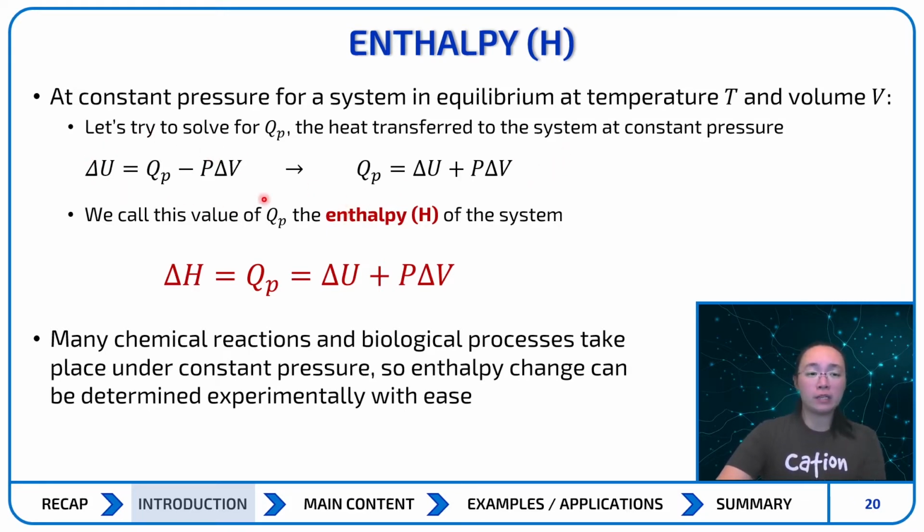We're taking the equation we had from the previous slide, delta U equals QP minus P delta V, and we're going to solve for QP. So we rearrange everything, and QP is equal to delta U plus P delta V. The simplest way of explaining this is that QP can simply be renamed enthalpy, H, of the system. So our delta H is equal to QP, which is equal to delta U plus P delta V. And so that is the definition of enthalpy, which is another state function.